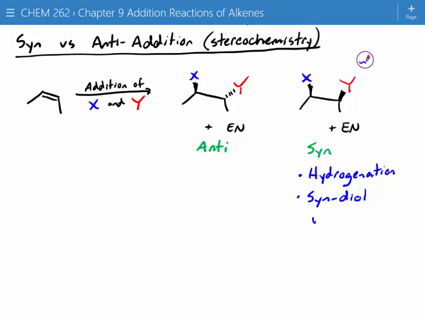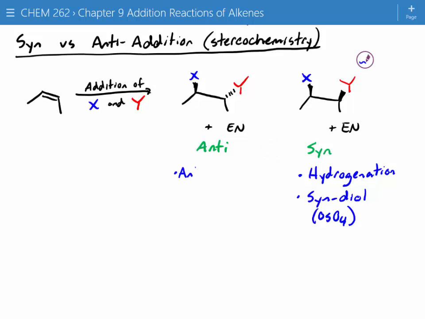Yep, osmium tetroxide. So anytime you see osmium tetroxide, you're going to get your syn diol formation. You can also use potassium permanganate, although it doesn't work as well, and oftentimes you get a lot of side reactions. What if you want your anti-diol?